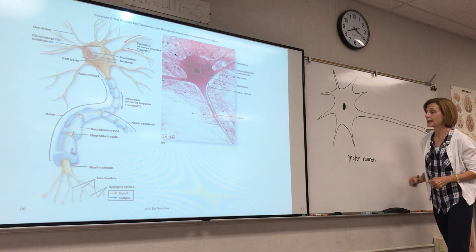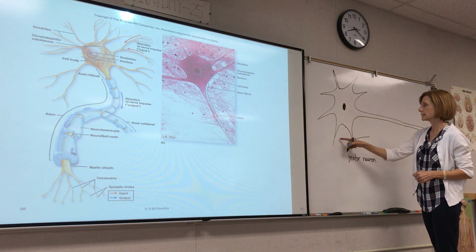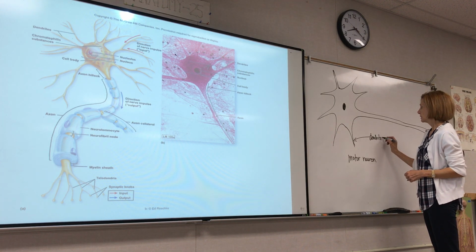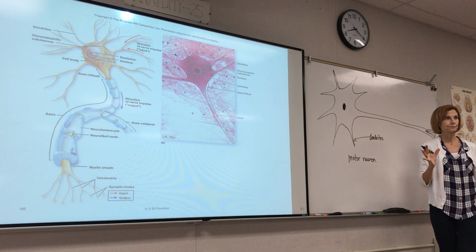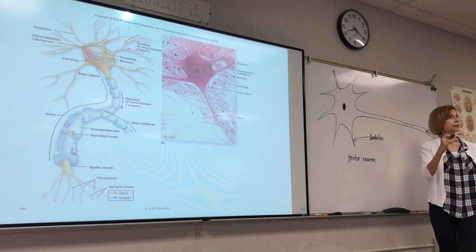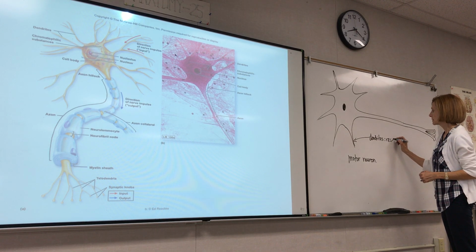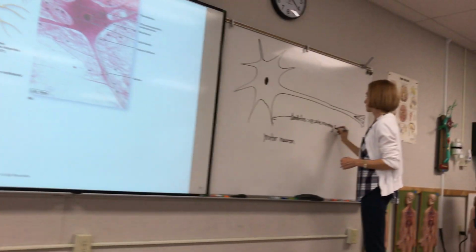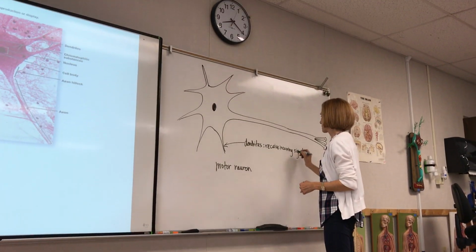So motor neurons have many processes attached to the cell body called dendrites. Anyone know what dendrites do? They receive incoming signals, right, from other neurons. Okay, receive incoming signals.